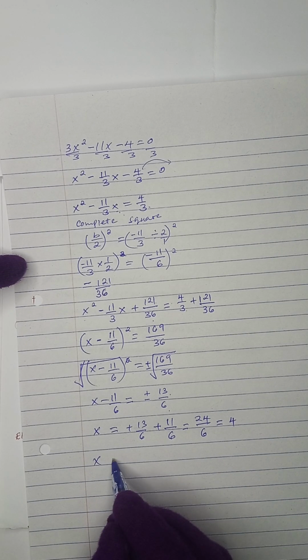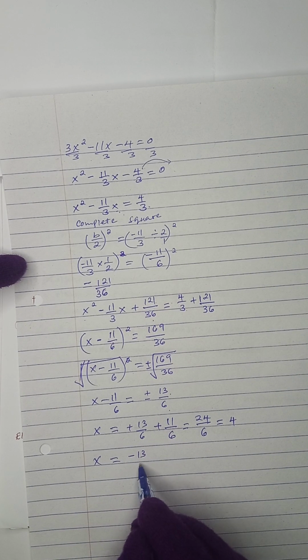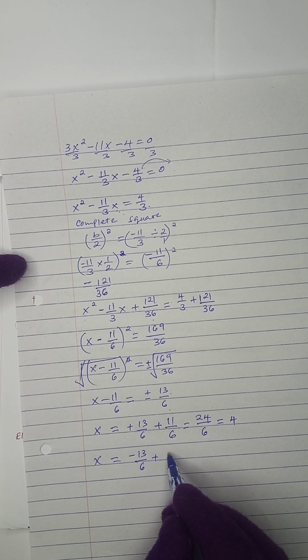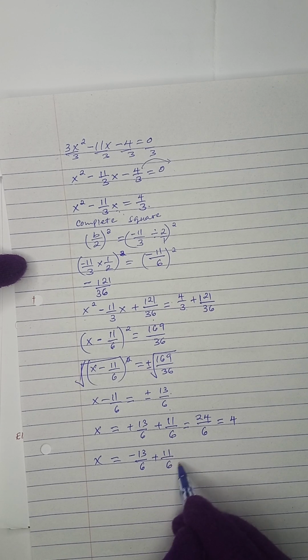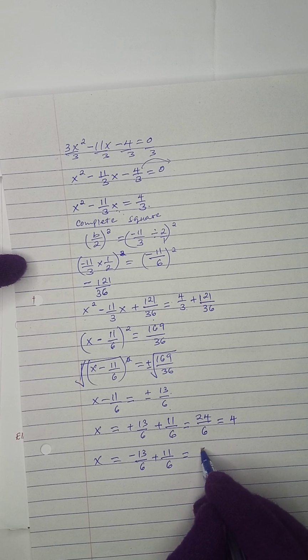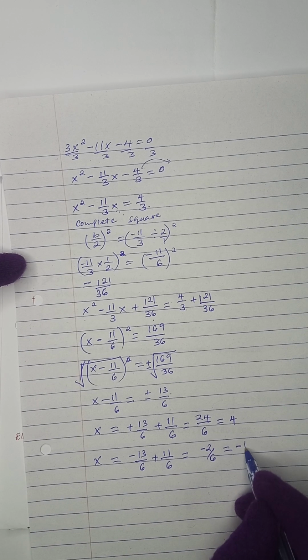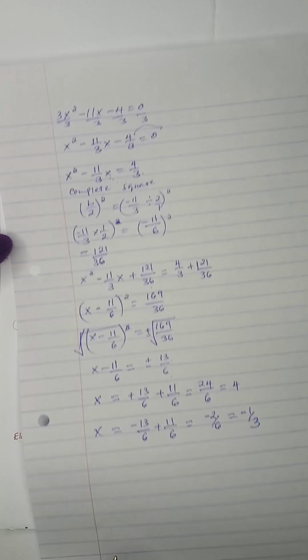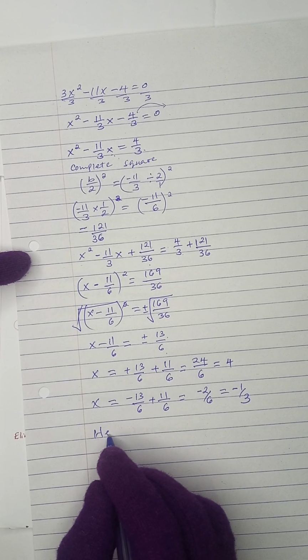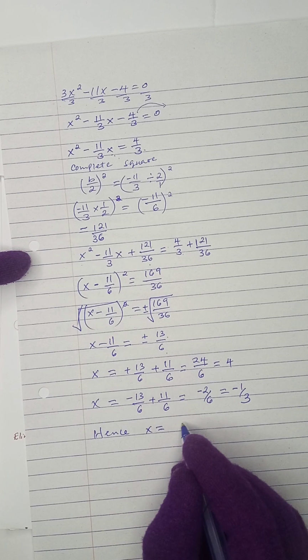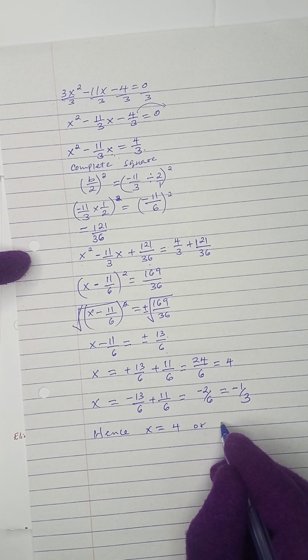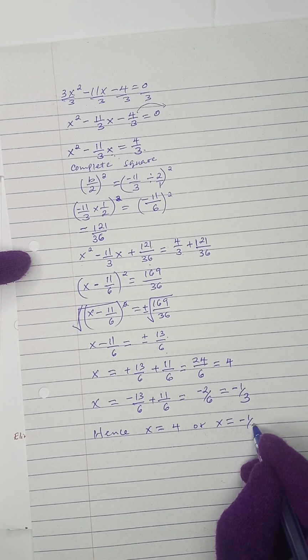Then taking the negative answer, x is equal to negative 13 all over 6 plus 11 all over 6. That gives you negative 2 all over 6, which simplifies to negative a third. Hence, x is equal to 4 or x is equal to negative a third.